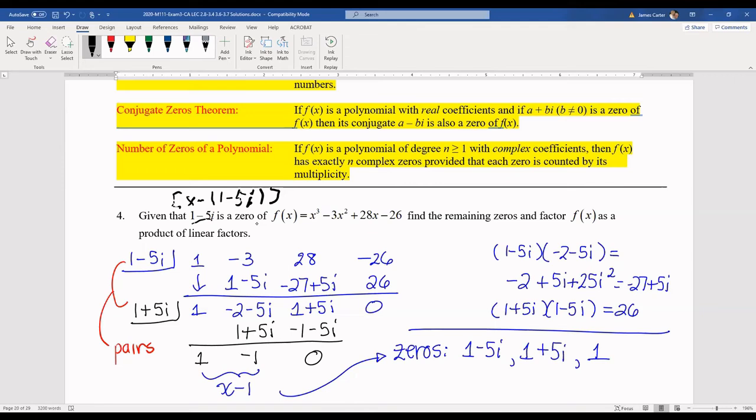Now, if 1 minus 5i is a 0, then 1 plus 5i is also a 0.